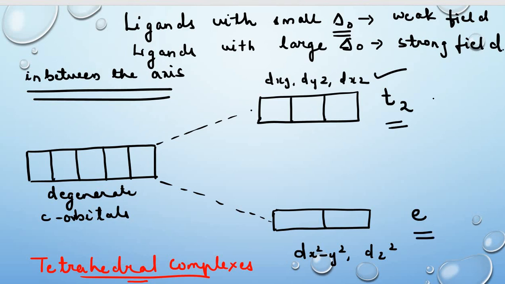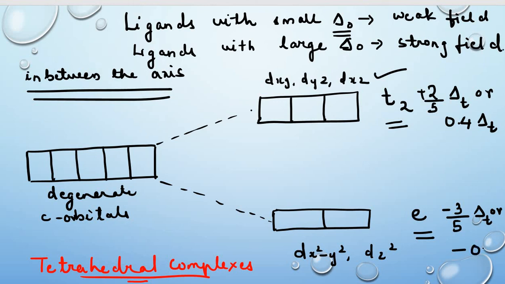Now in this case, we can represent the value as plus 2 by 5 delta T, or it is 0.4 delta T. Whereas in the case of the E orbital, it will be minus 3 by 5 delta T, or it will be minus what? 0.6 delta T.